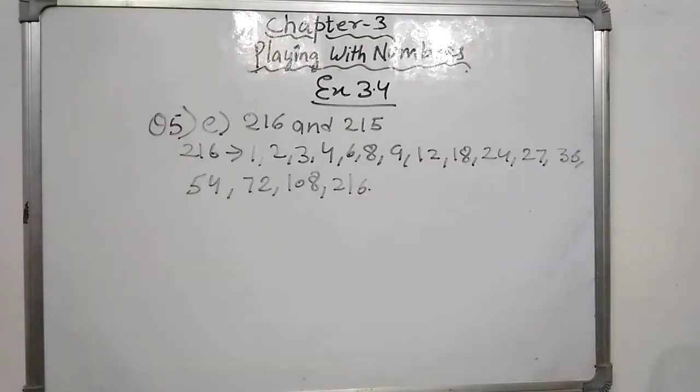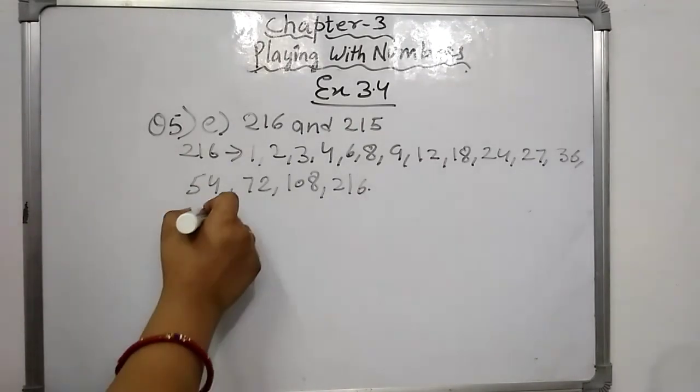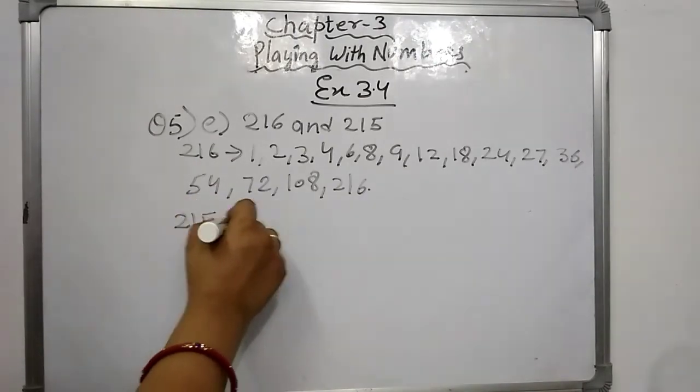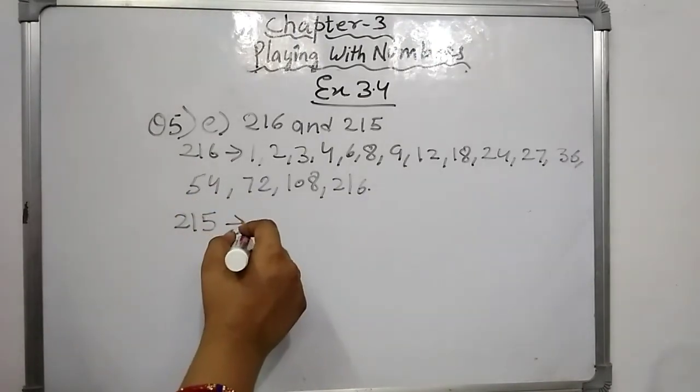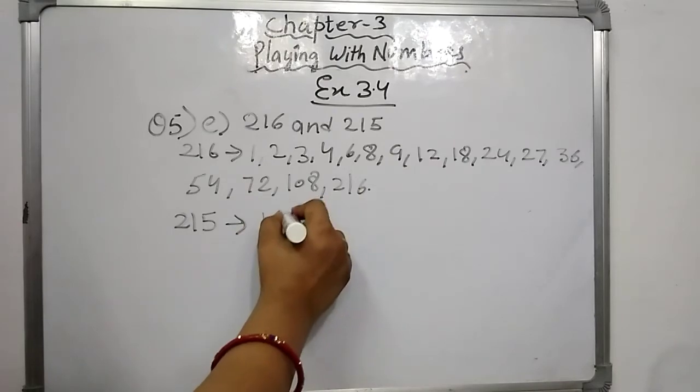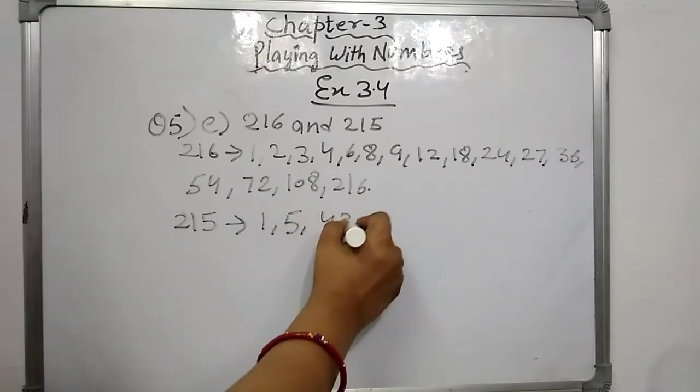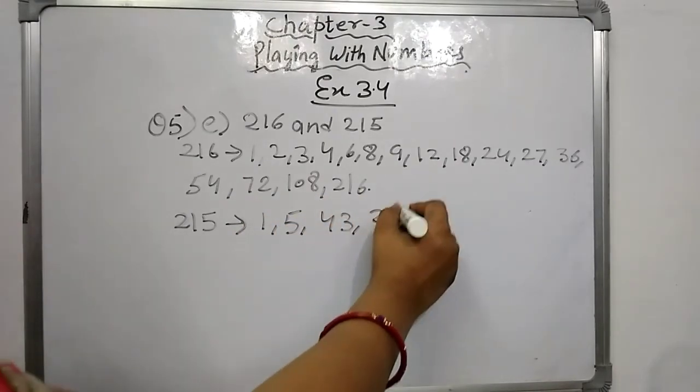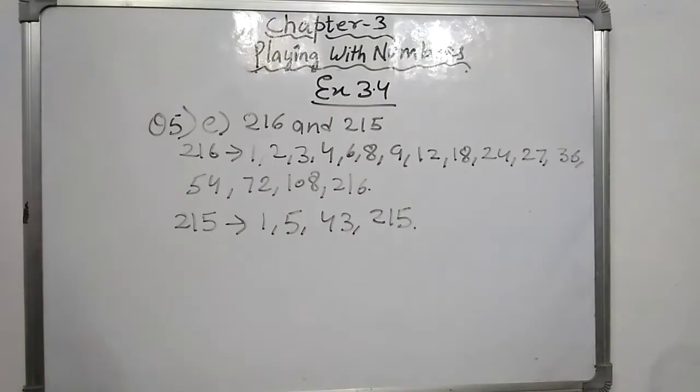Now we will write down factors of 215. So these are 1, 5, 43 and 215. So let's check what are common factors.